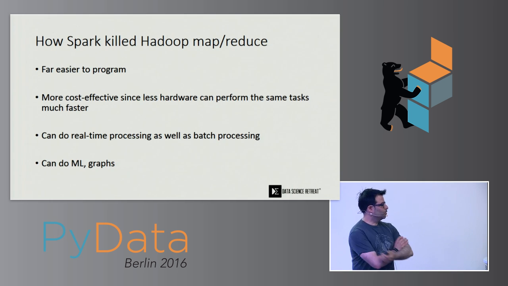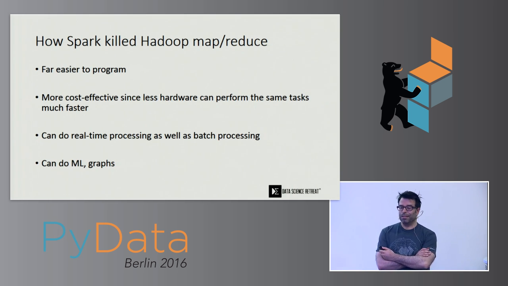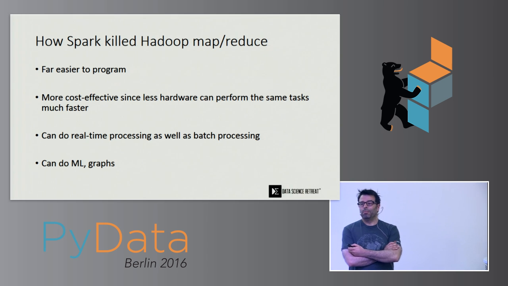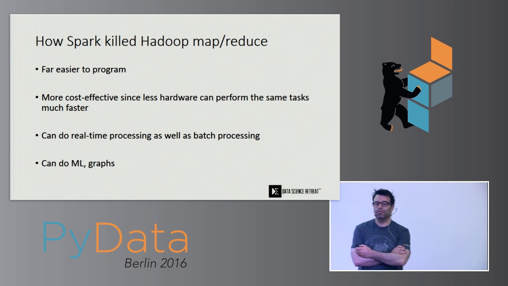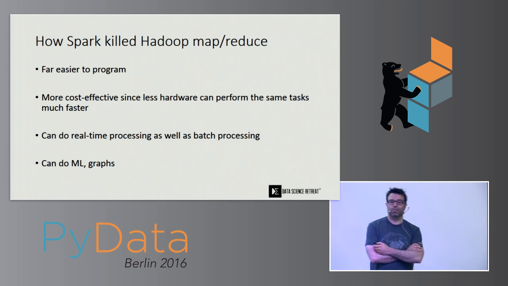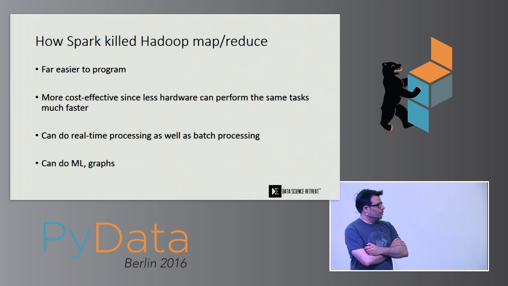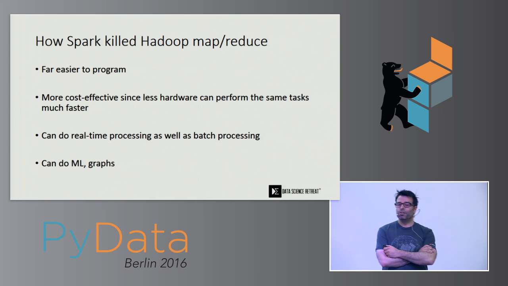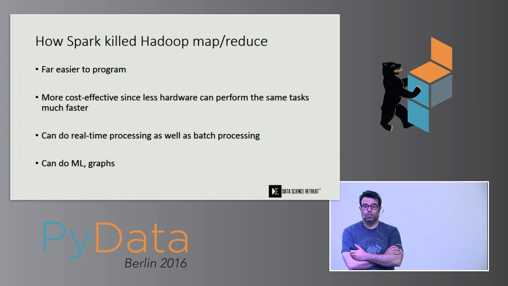What happened is that Spark killed the MapReduce paradigm, and everybody who was running serious jobs in MapReduce has moved to Spark pretty much, at least the banks and so on. It's easier, and it's more efficient in terms of hardware as well, because it's faster.